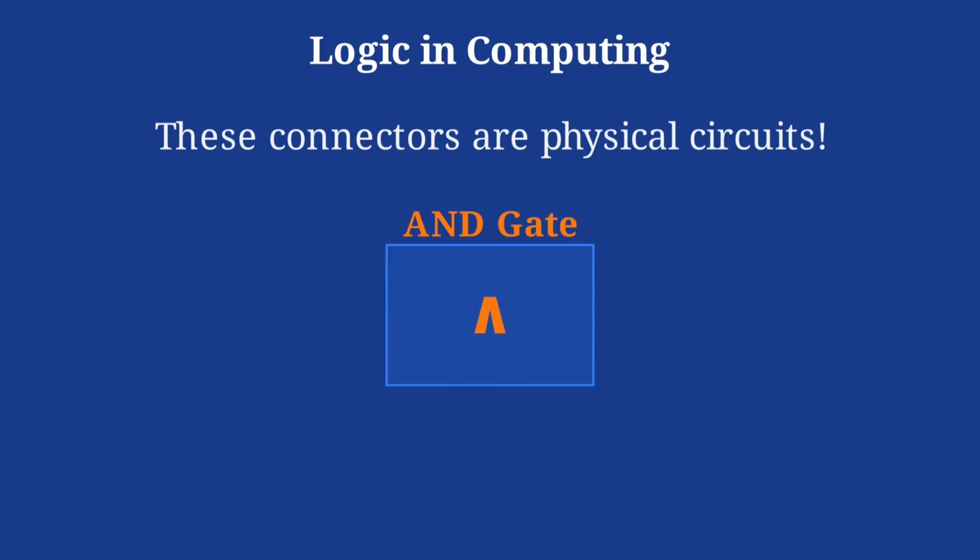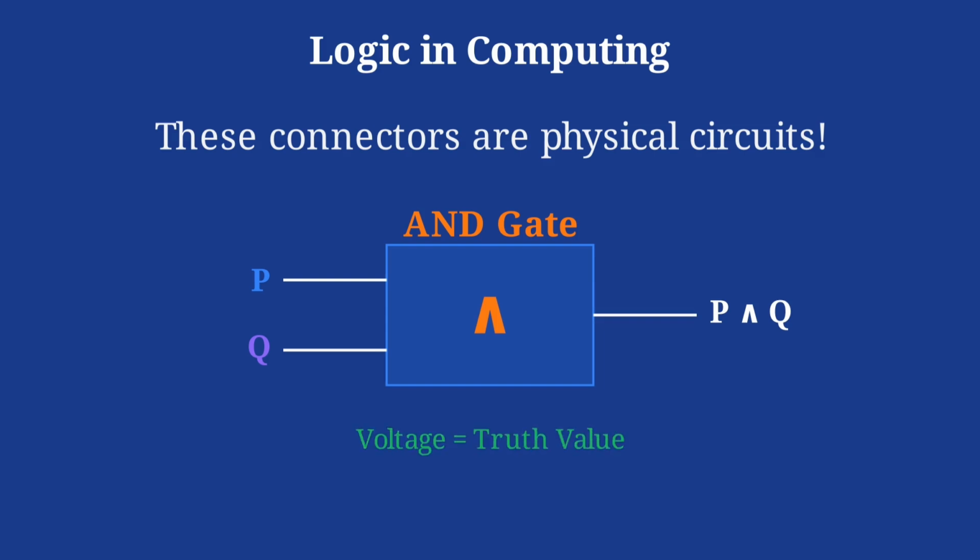It takes two electrical inputs, which we can call P and Q, and produces a single output, P and Q. In this system, a truth value is represented by a voltage. A high voltage signal means true. A low voltage signal means false. This simple AND gate, combined with billions of others, is what allows your computer processor to perform complex calculations.